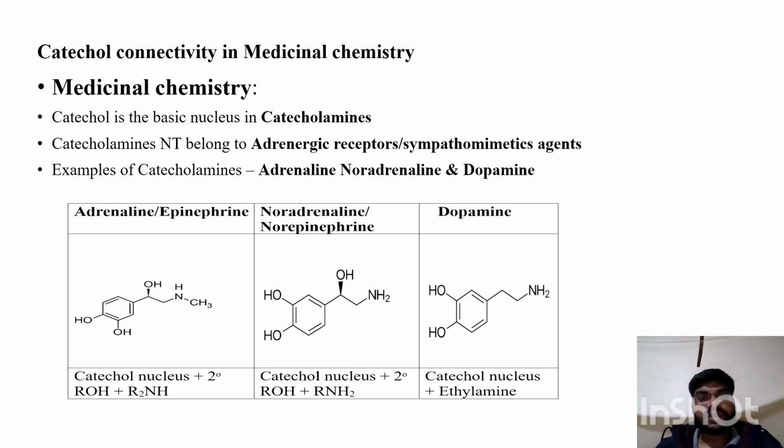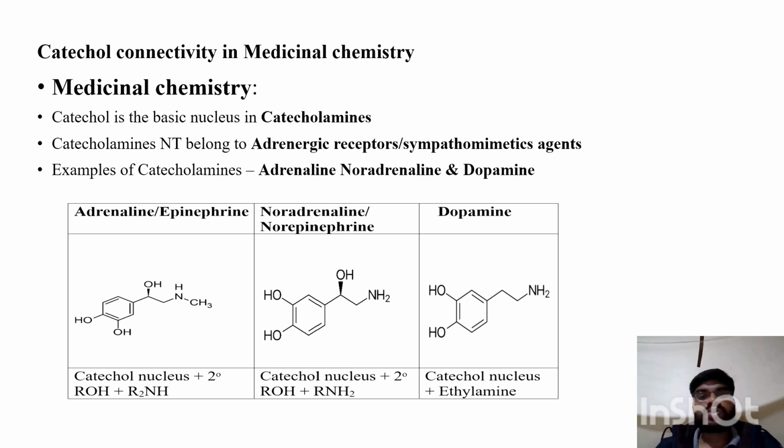Compared to adrenaline, noradrenaline, also known as norepinephrine, has the same basic catechol nucleus along with the same secondary alcohol. The major difference is that adrenaline has a secondary amine, whereas noradrenaline has a primary aliphatic amine. Dopamine is simply a catechol with an ethylamine side chain.